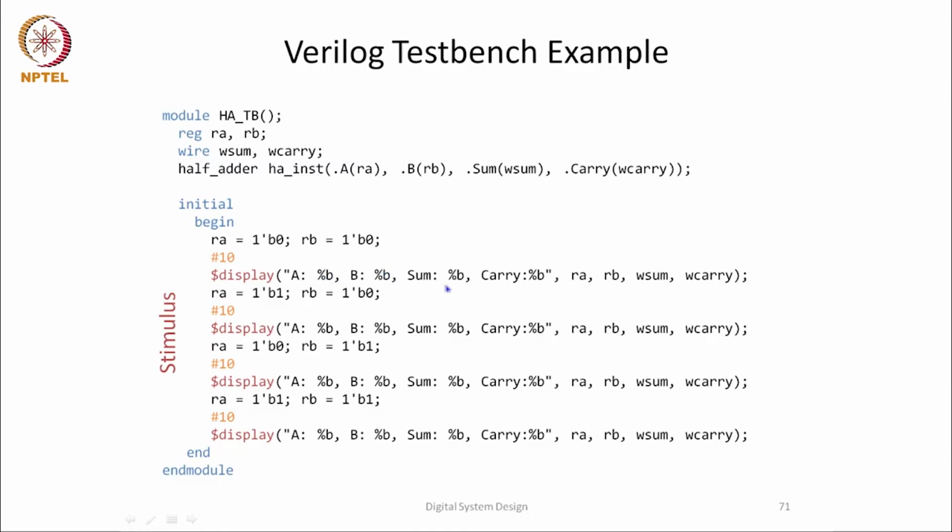Whatever the variable names are, you write them in the correct order. This display gives this particular string, and the corresponding output is generated. So this whole thing is called stimulus, and display gives us the printf-like output.